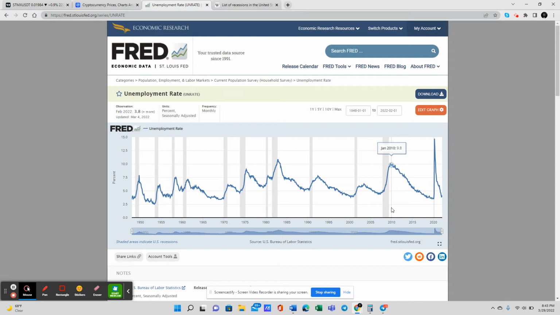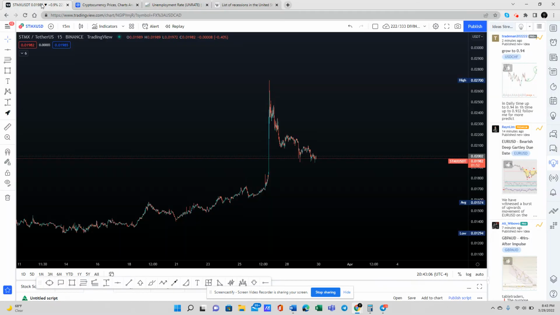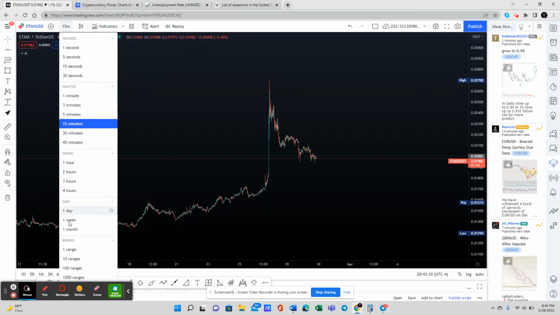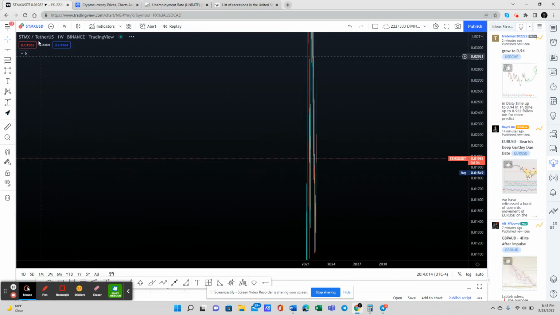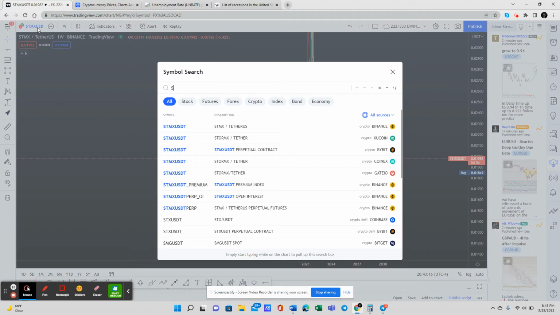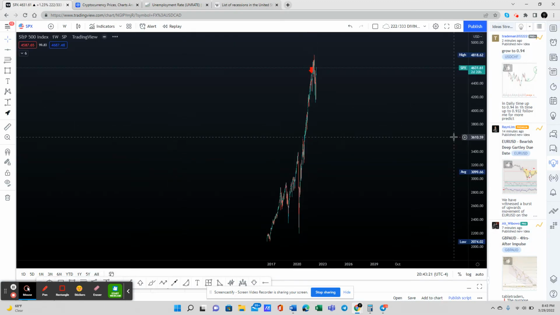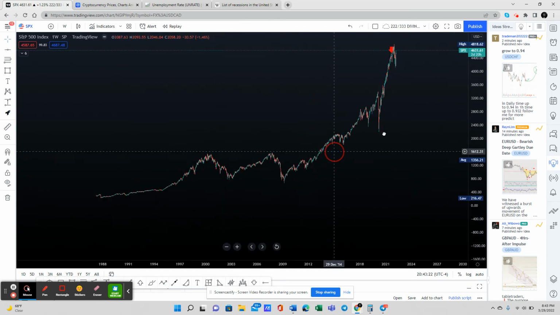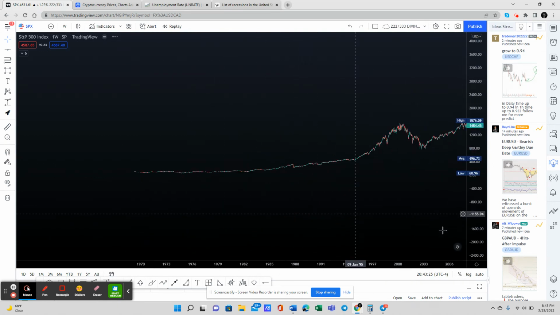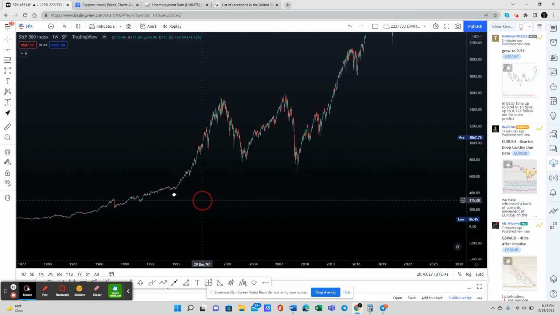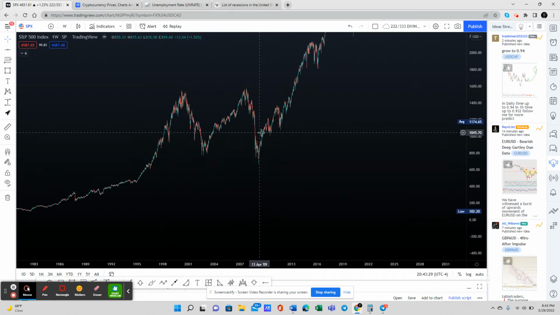Now I'm gonna pull up a chart too. January 2010. So let's go pick up the S&P 500. Let's go on the weekly, and let's go to SPX, S&P 500, and let's see what happened. We said 2008, 2007.